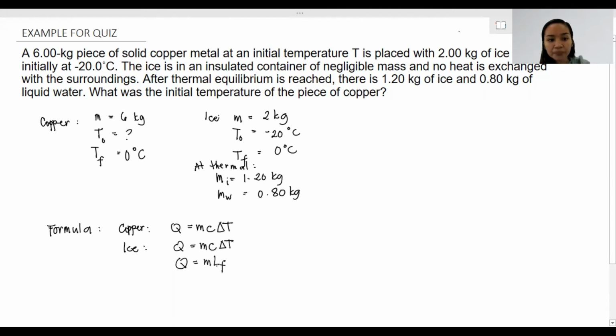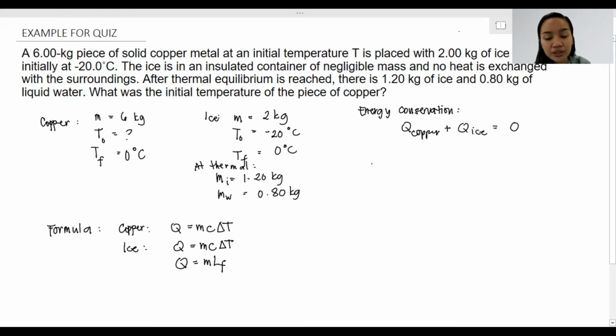We have m L f. Now, the next step for this kind of problem is what we call energy conservation, or conservation of energy. When we say energy conservation, if we add the total heat of the copper and our ice, it will be equivalent to 0.